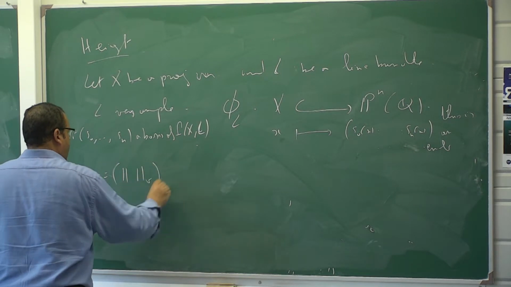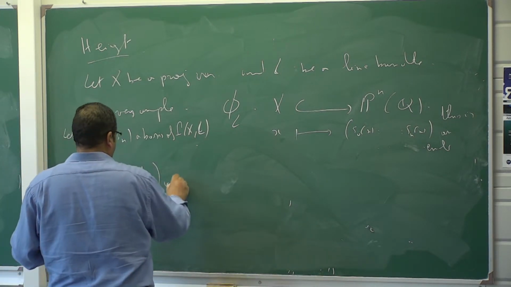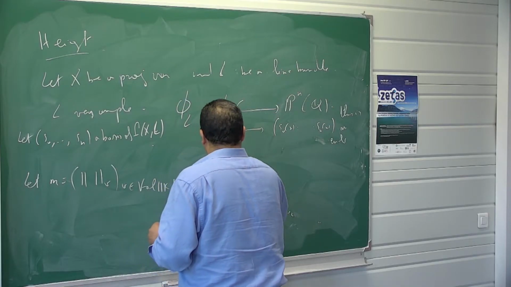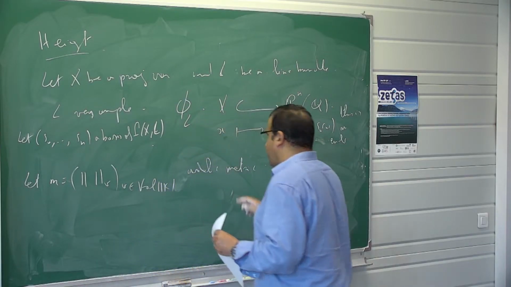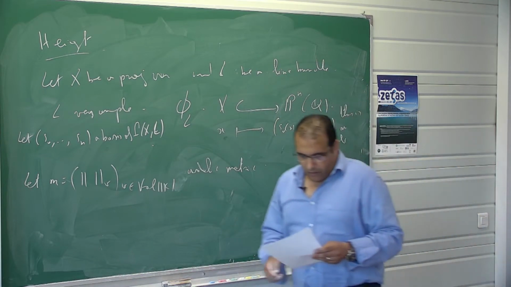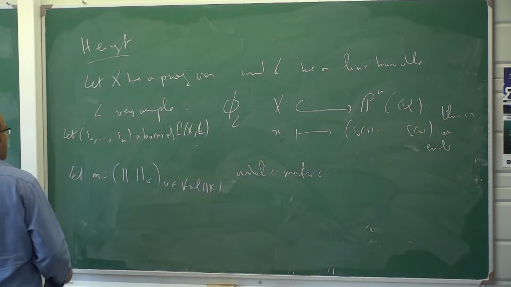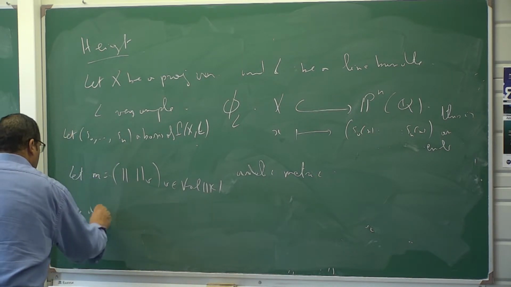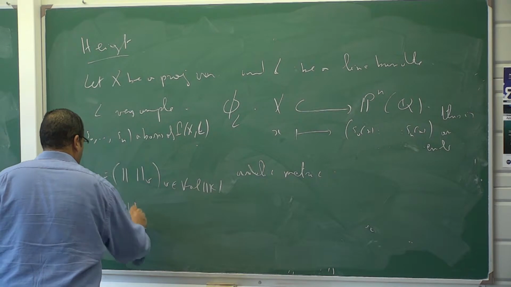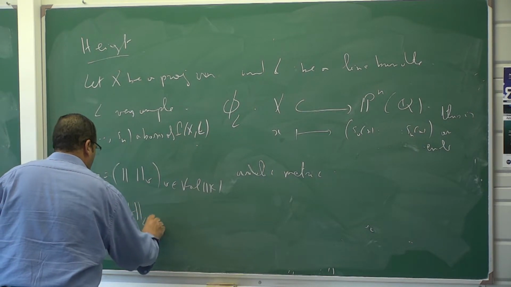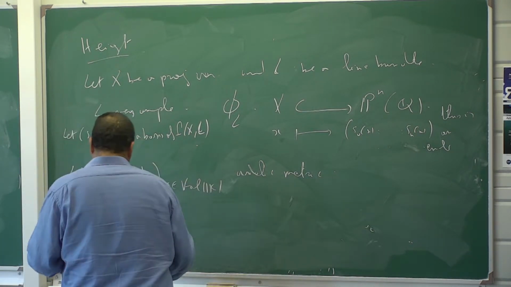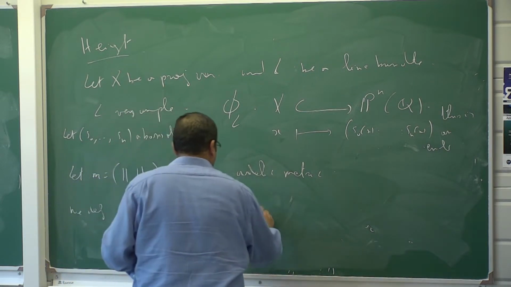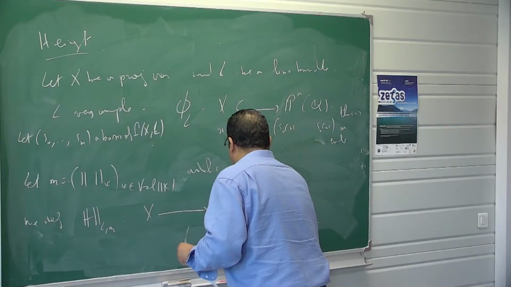Now, if you have an adelic metric, as we defined before, we associate to L and the metric a height, a function from X to R plus.